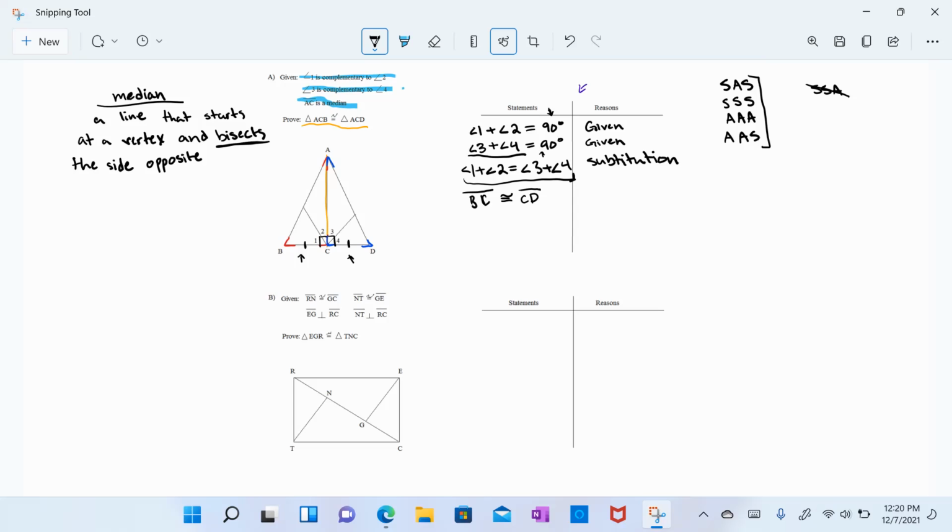So now we're going to put our reason for why it's congruent. And the reason we know that is what we said earlier, because line AC is a median. And the definition of median is that it's going to bisect the side opposite to it.